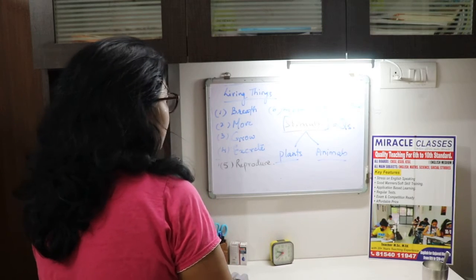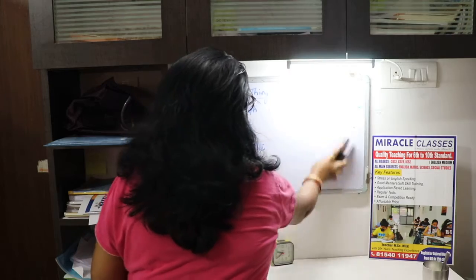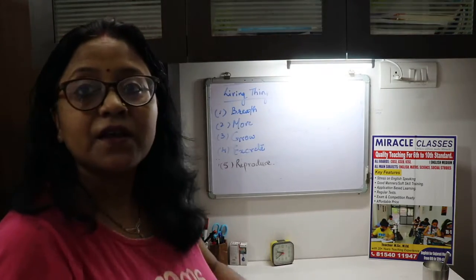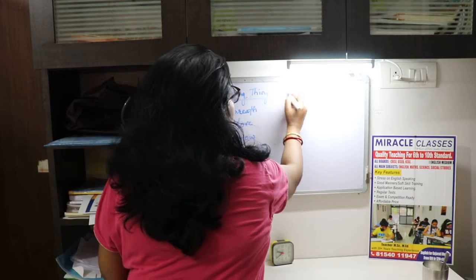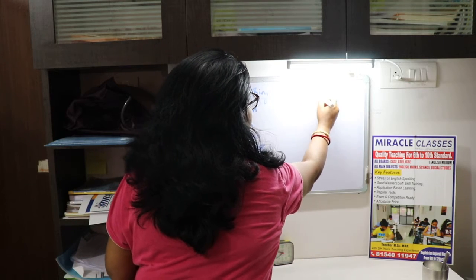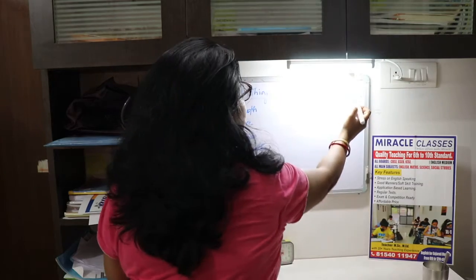So I'll be talking about the sense organs. In order to understand stimuli, you have to understand the concept of sense organs. So what are sense organs? Our body has certain sense organs.